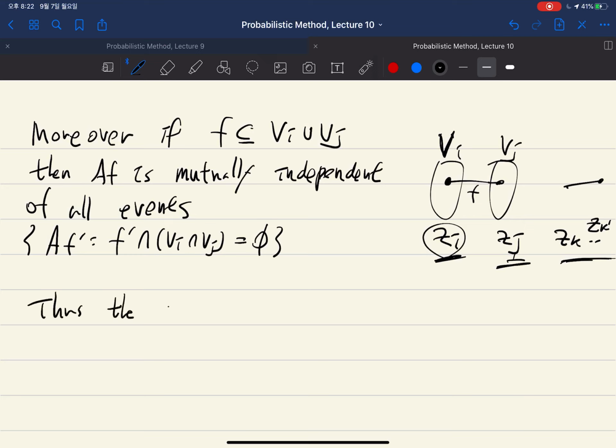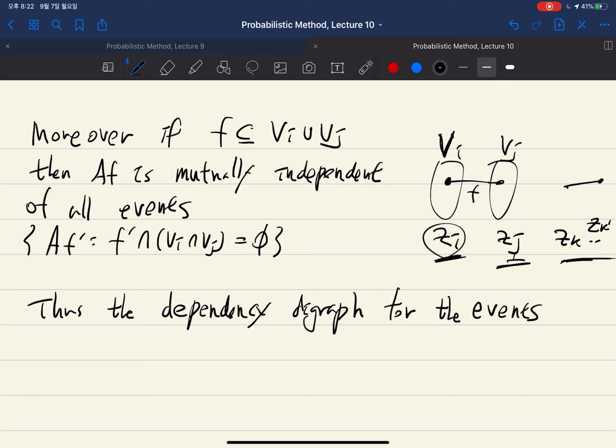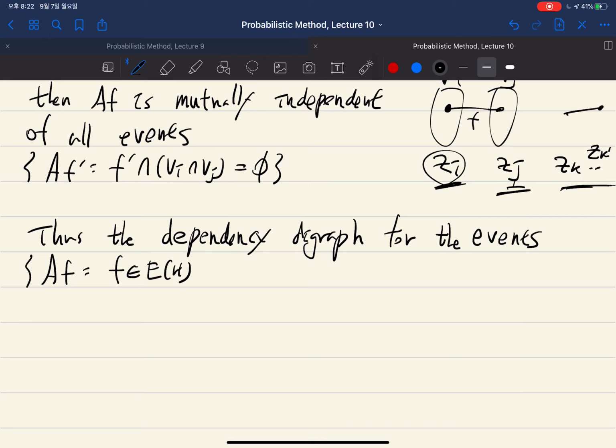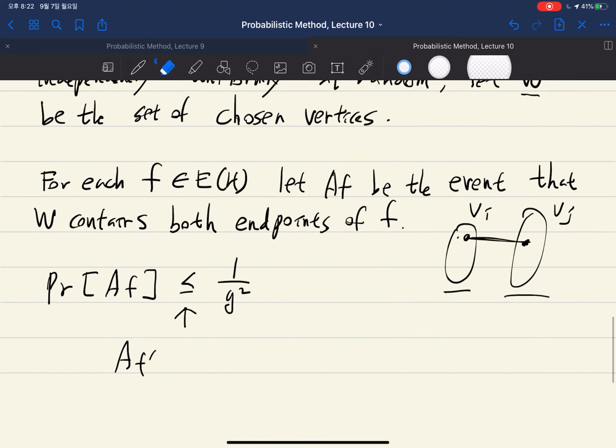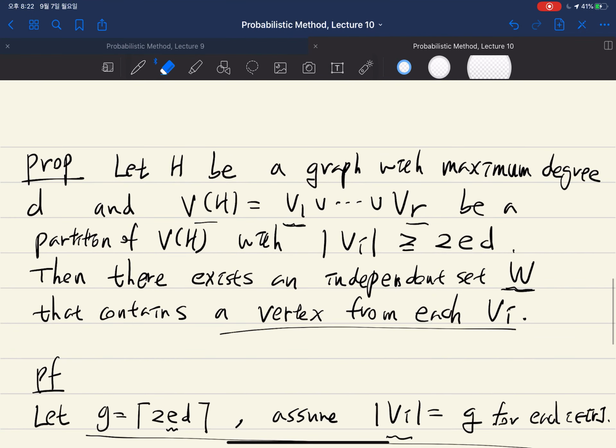Thus, if you consider the dependency diagram for the events AF, here, if there is an edge inside of VI, then we are never going to pick that.